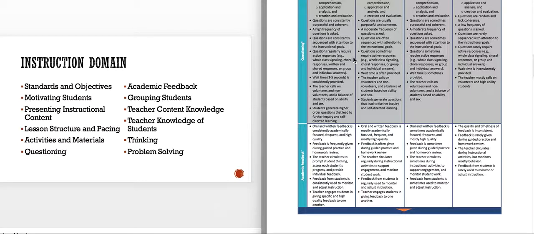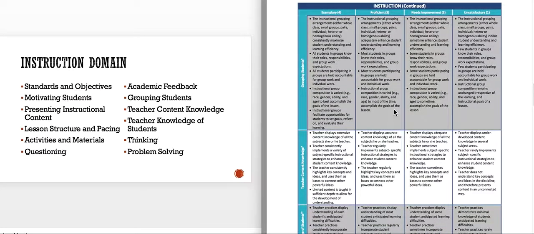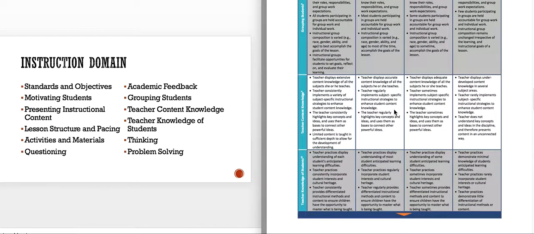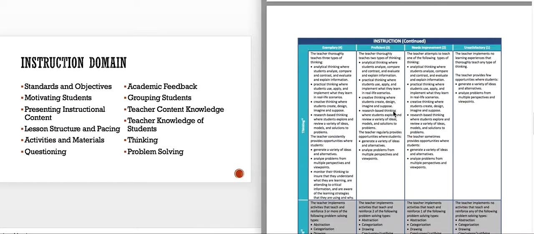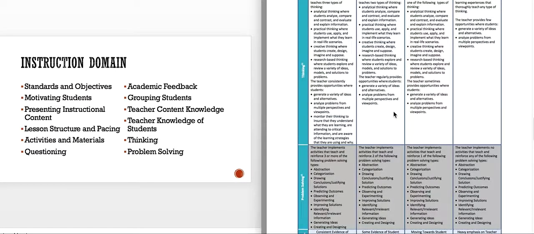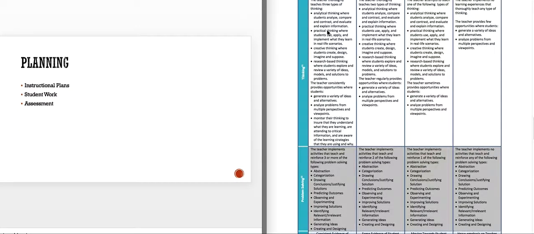We look at questioning and also academic feedback that you provide back to your students. You're evaluated on how you group students, on your content knowledge, on your knowledge of your students, and finally the last 2 are thinking and problem solving that you use and have your students engage in the classroom. So those are the 12 indicators in the instructional domain.